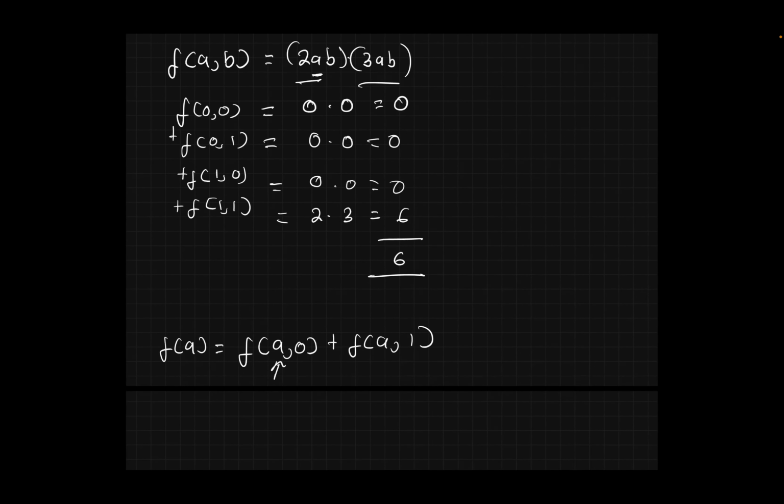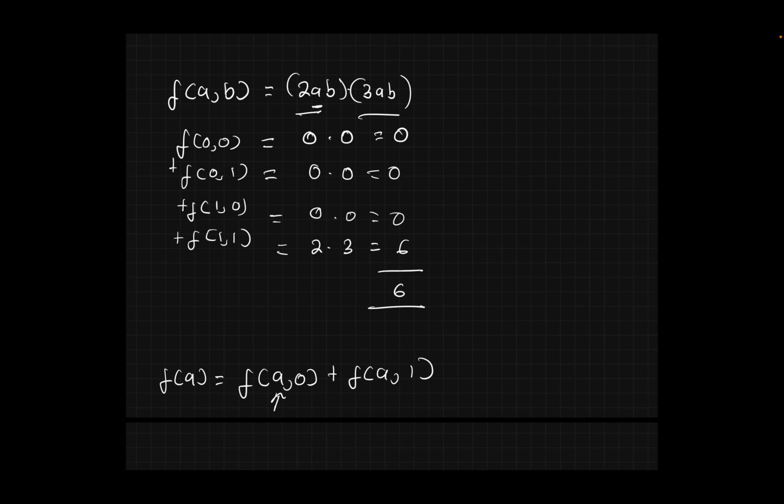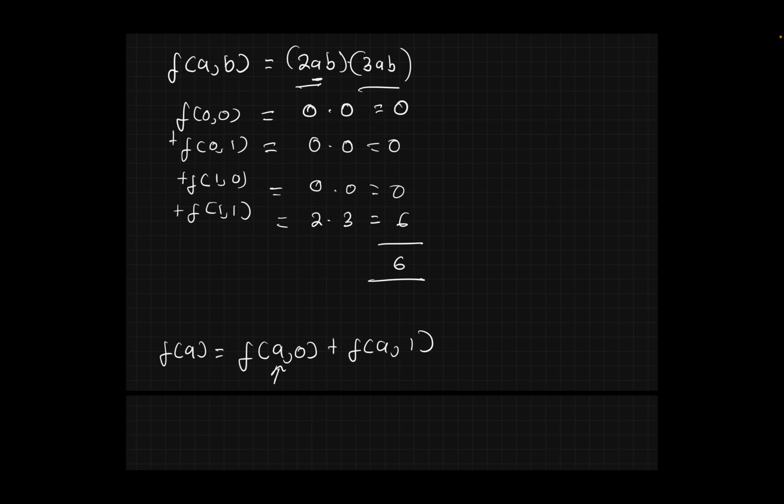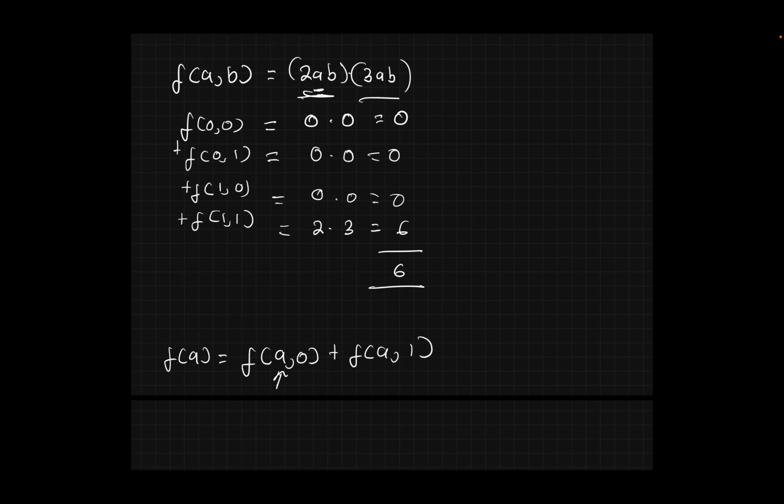Alright, let's continue. So we need to figure out what F of A0 is. Right? So B is 0. F of A is 0. So for this one now, we'll do both individually. Yes, A0.